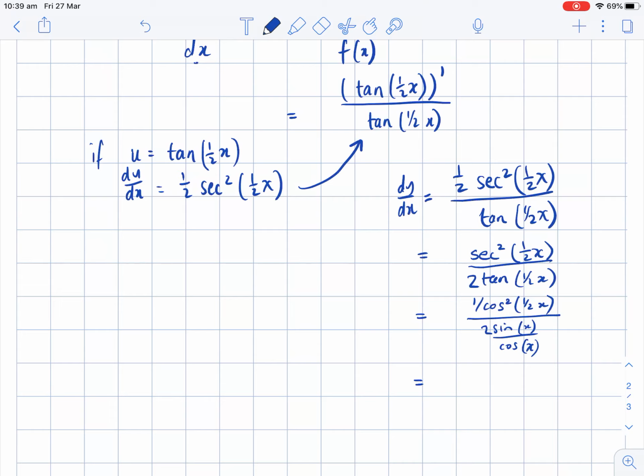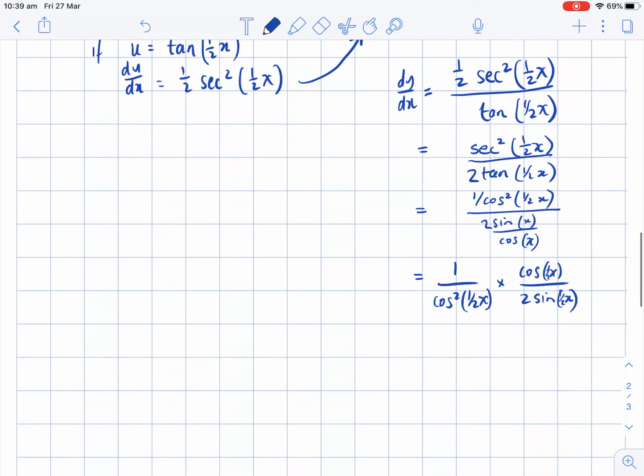So flip and multiply, I get 1 over cos squared a half x times by cos x over 2 sine x, and that's a half, and that's a half. Everything was a half x.